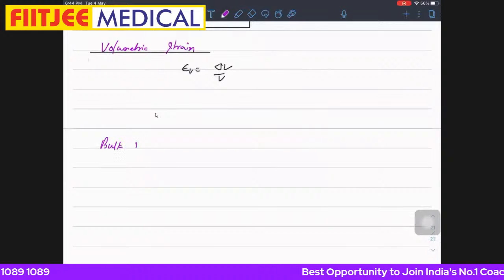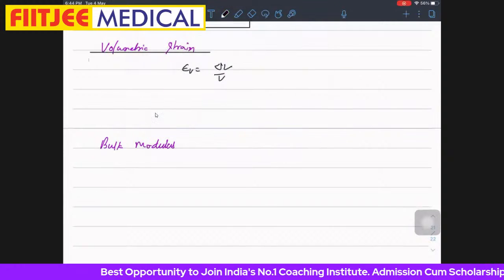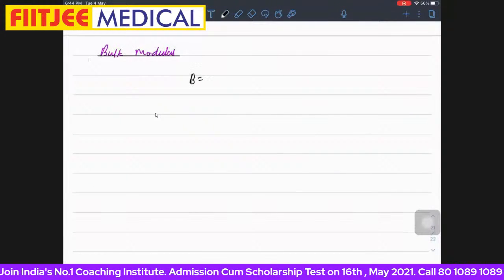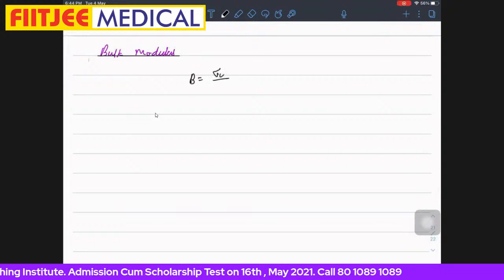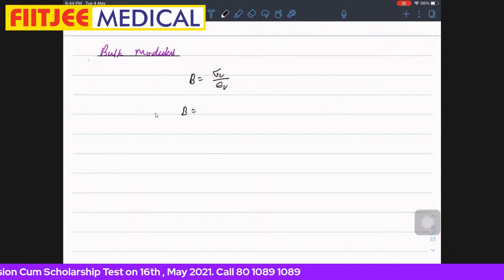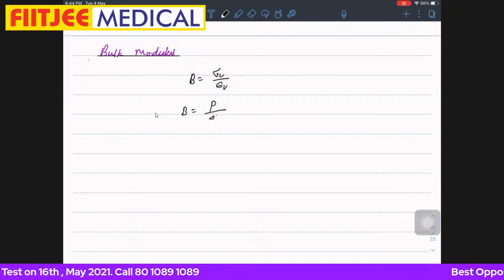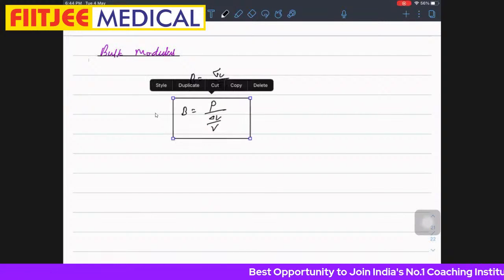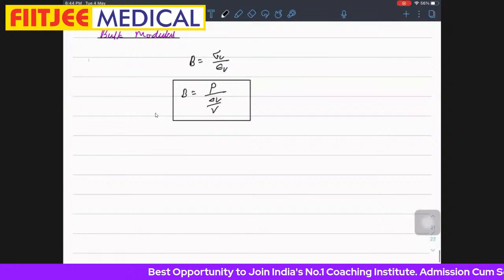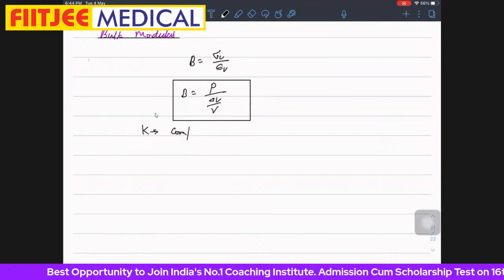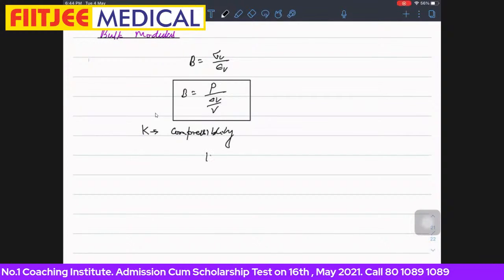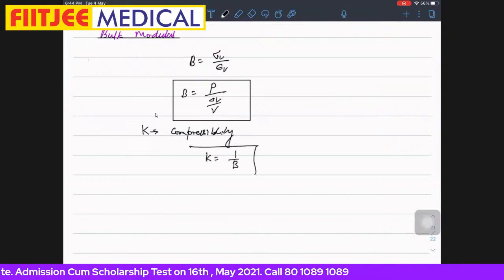It's a very important constant. It's a constant for a material. So bulk modulus is defined as volumetric stress by volumetric strain. This volumetric stress is also equivalent to pressure, so pressure by delta V by V. Here one more term is frequently used in some places, that is called compressibility. So compressibility we define as 1 by bulk modulus.